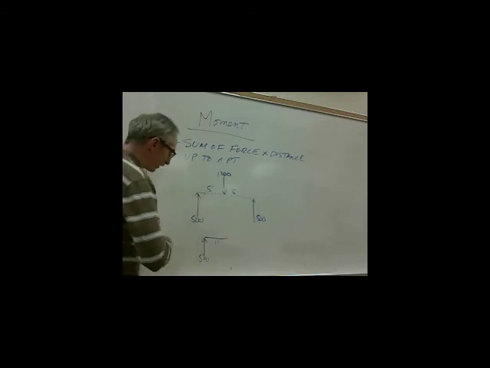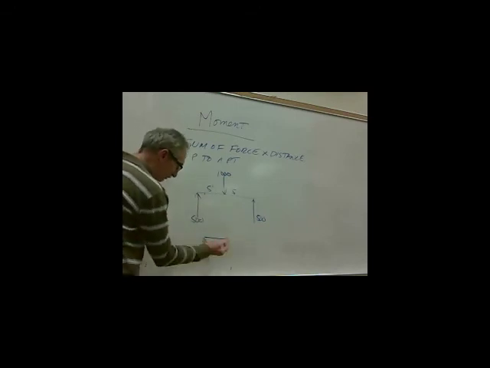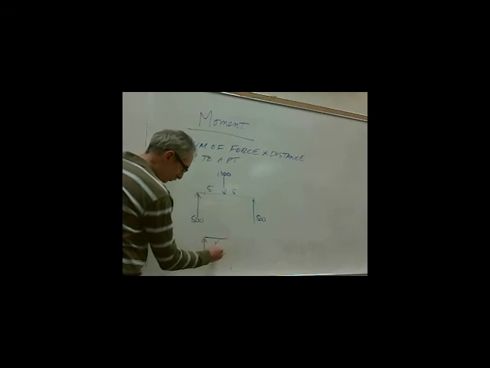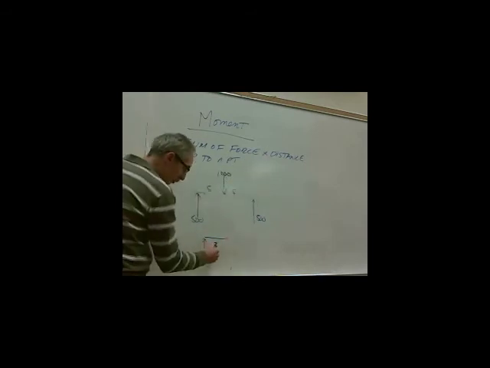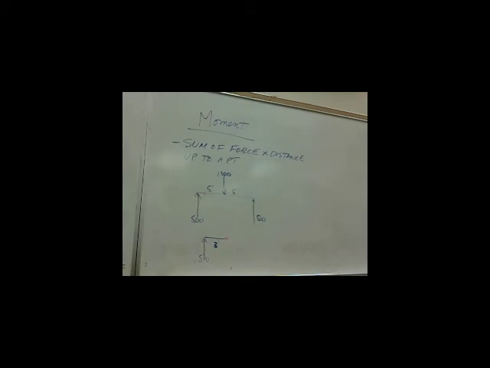What would it be at the 2 foot mark? 1,000 foot-pounds. That's right, clockwise, and we're going to call that positive. What would it be at the 3 foot mark? 1,500 foot-pounds. 4 foot mark? 2,000 foot-pounds.